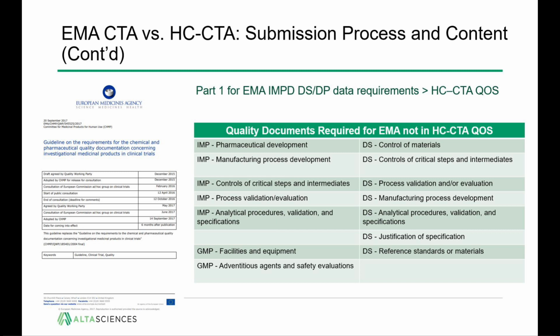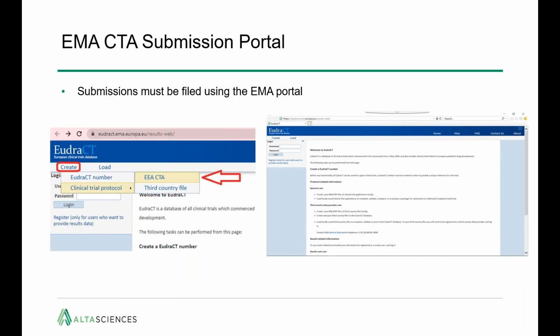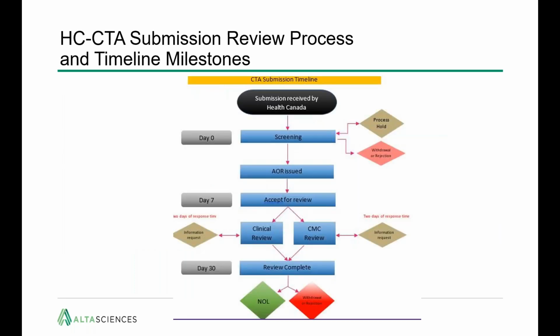EMA provides excellent step-by-step guidance documents. This just quickly is a visual of the portal system that the clinical trial regulations has instituted to facilitate the review process. So now I'll just walk through the actual submission timelines and milestones.